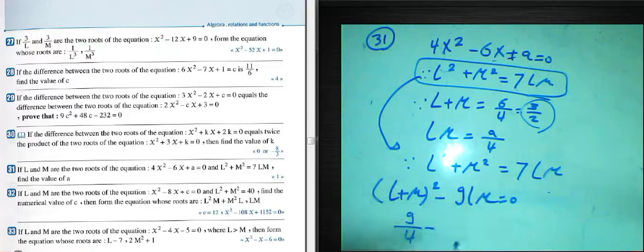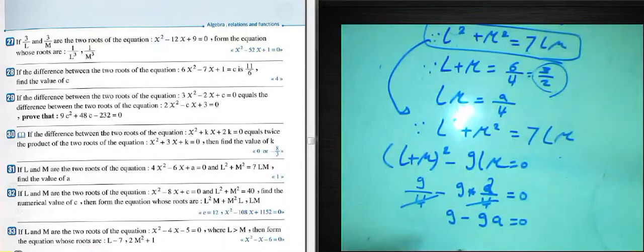Okay, we simplify it. LM equal a over 4, so 9 over 4 subtract 9 multiply a over 4 equals 0. We can cancel the 4 and 9 subtract 9a equal 0, so a will be 1. A will be 1 because we move it to the left hand side and divide by 9.